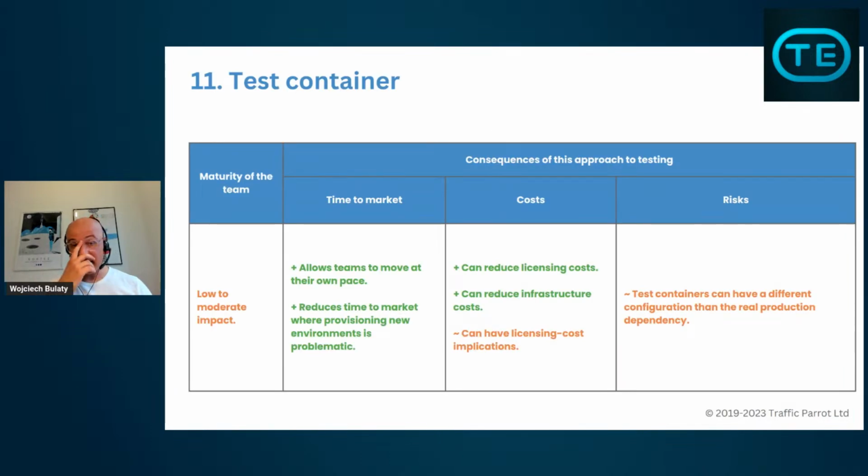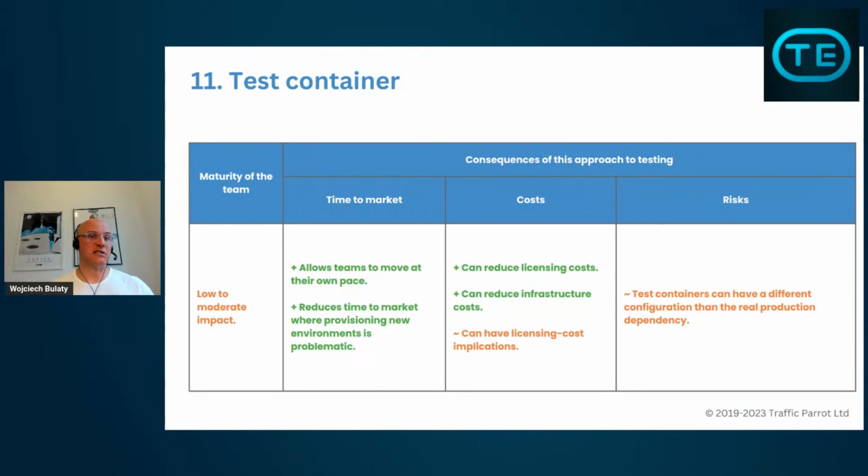So what are the advantages of using this approach? Well, since you're not reliant on other teams like the Oracle team or the mainframe team, it allows your team to move at your own pace, and it can reduce the cost of having to pay for these commercial tools if you can use the development versions in test containers locally.